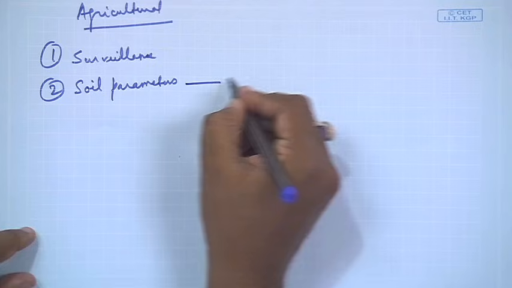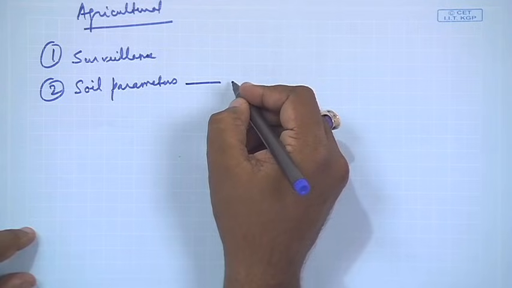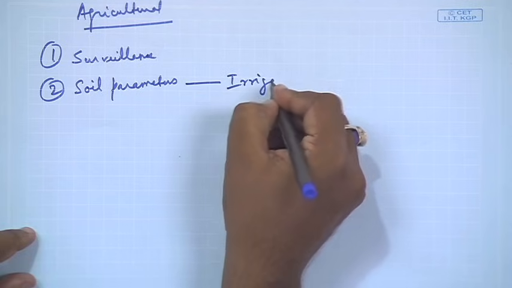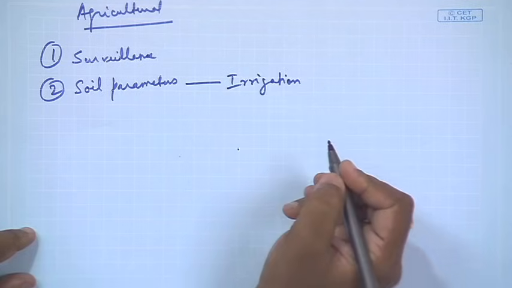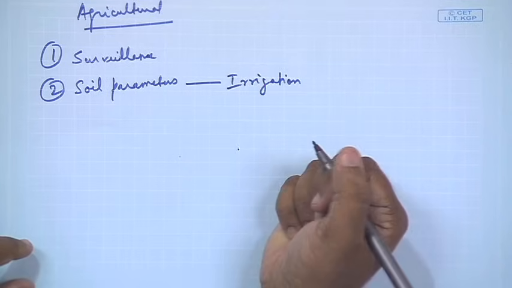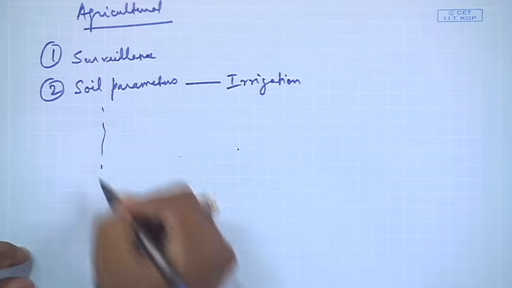So, these can also be sensed. So, soil moisture, water level, etc., can be sensed, and that information can be used for irrigation of the field. So, if the soil moisture of the particular field has gone down, we can irrigate the field and so on. Okay. So, like this, actually there are different types of applications.